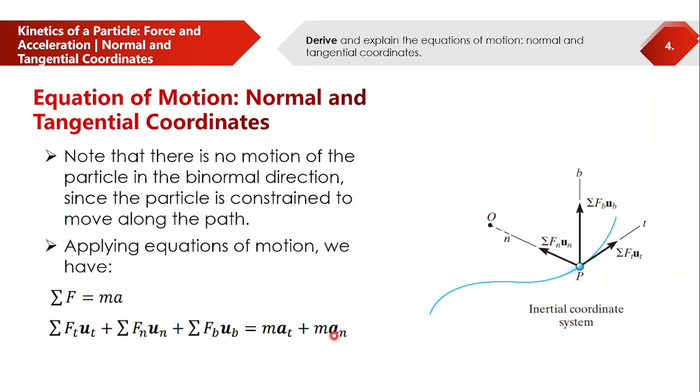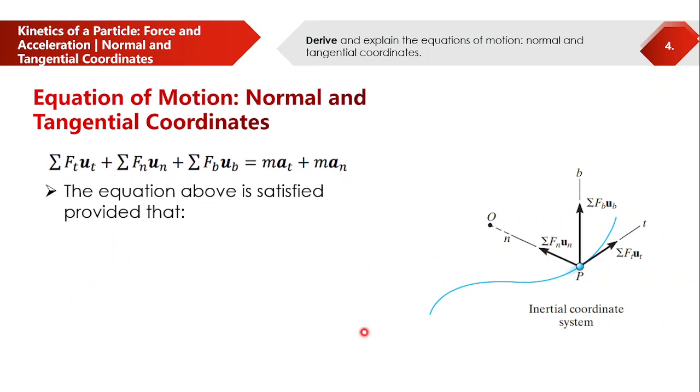Okay, normal components. And again, we did learn that there is no motion happening in the binormal. And if there is no motion, there is no acceleration. And if there is no acceleration, we also have no component here for the binormal.